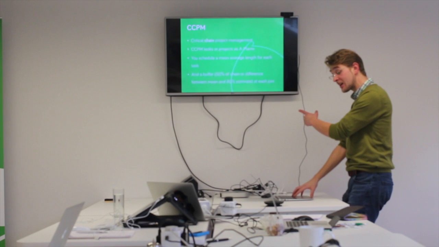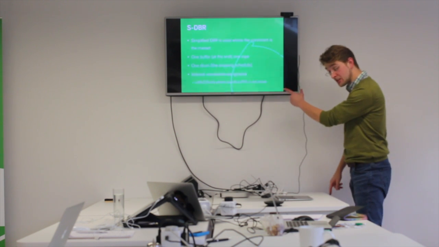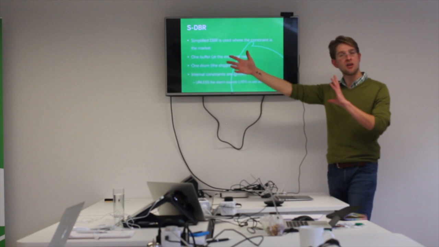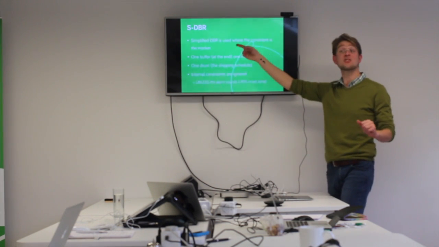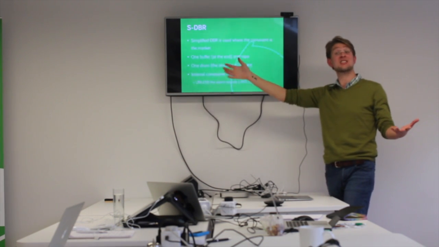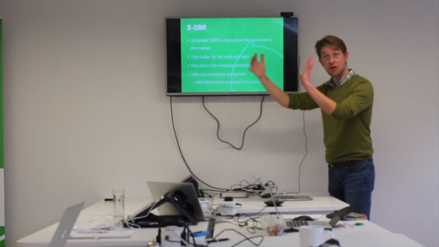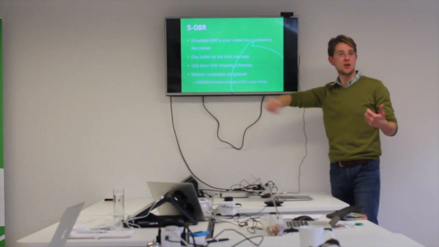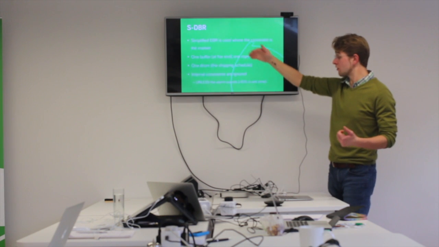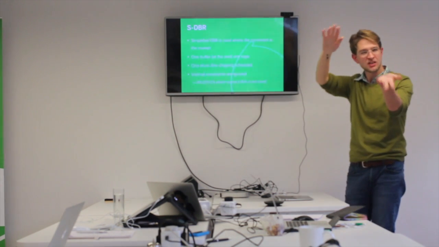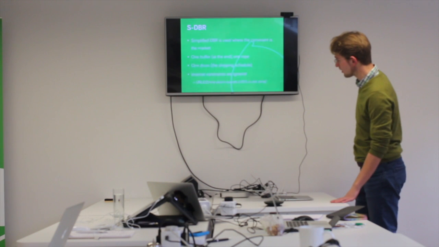But this also ties into simplified DBR, which is a process where you just have one buffer at the end, and this works best where the constraint on the process is the demand of the market. And here you just have one buffer at the end, one schedule, which is a series of dates on which things have to be delivered, and from that, a series of dates on which you expect things are going to have to be started.